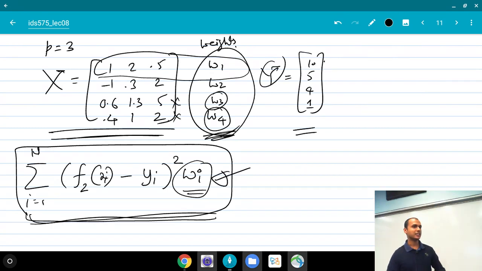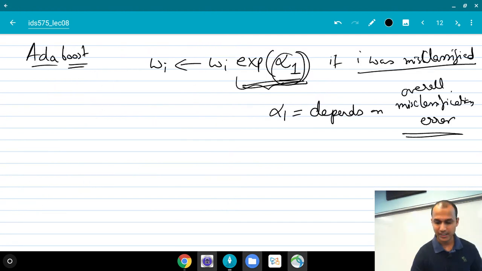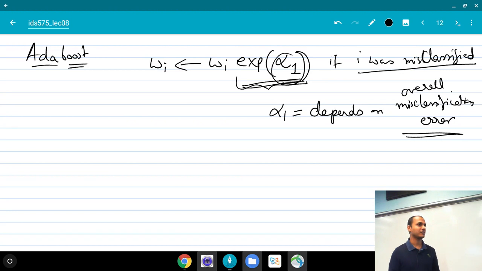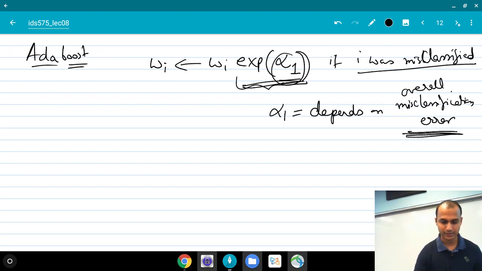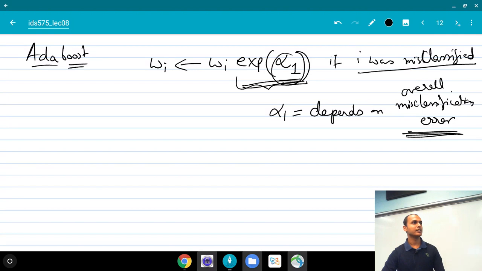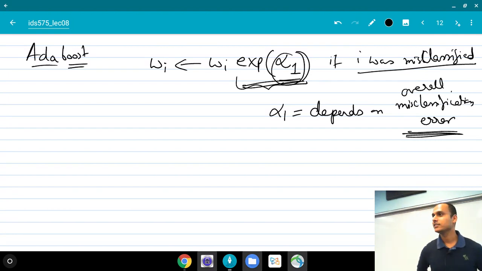Again see the misclassifications, and on those the weights will increase potentially, and so on, continuing up to some predetermined number of steps, or until you're not seeing any improvement in overall misclassification error rates, for example. Any questions about AdaBoost?